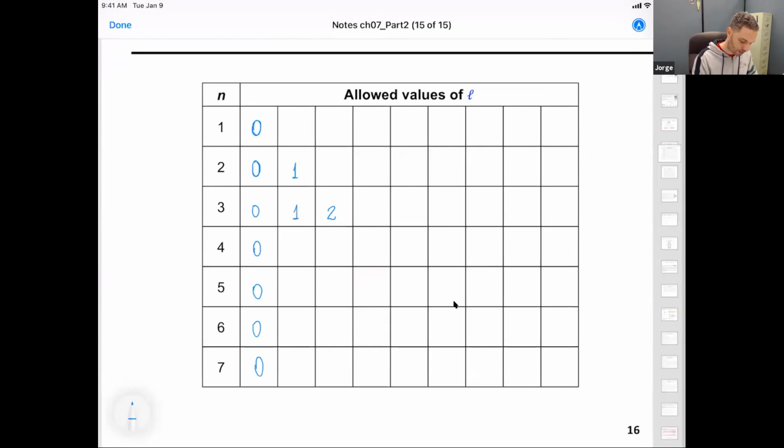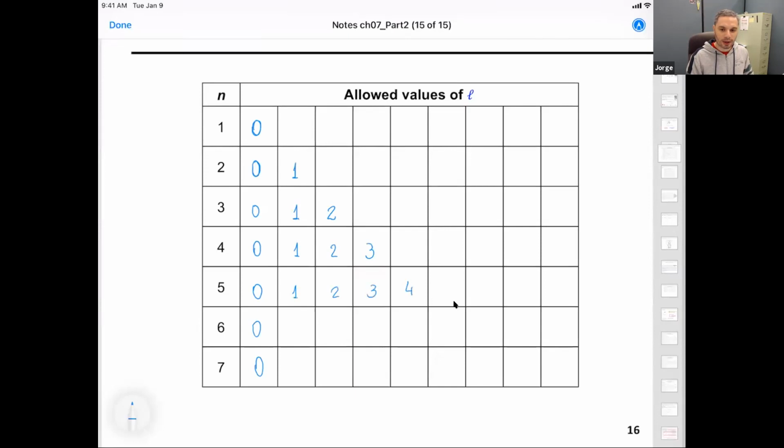Therefore, we have to fill the gap. For n equals 4, we start from 0, and the max is 3. We need to fill the gap with units, 1, 2, and the next one is 3. For n equals 5, we start from 0 and go all the way to n minus 1, which is 4. Now let's fill the gaps, 1, 2, and 3.